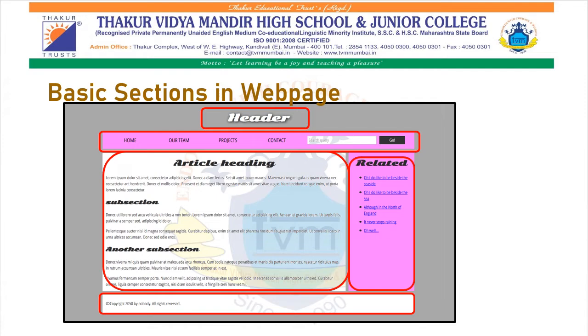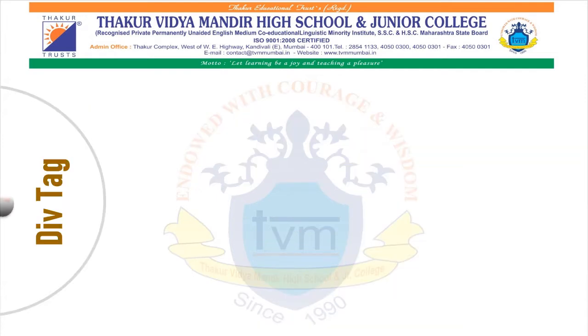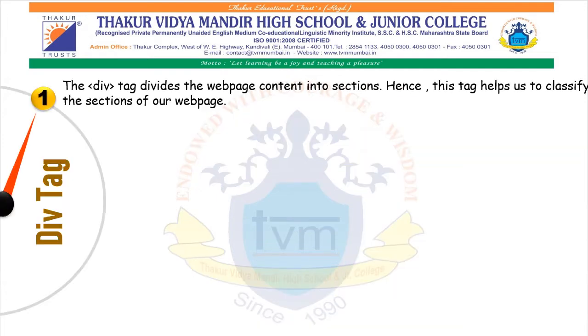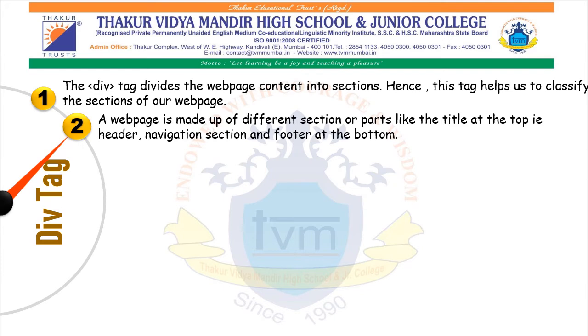Div tag. Div tag divides the web page content into sections. Hence, this tag helps us to classify the sections of our web page. A web page is made up of different parts or sections that we have discussed before, like header, navigation section and the footer at the bottom.